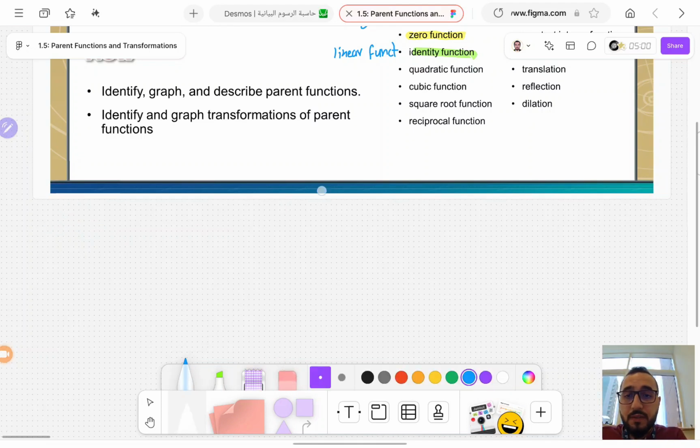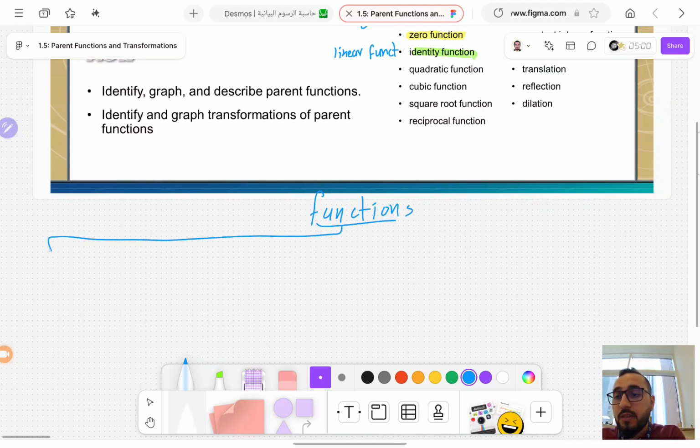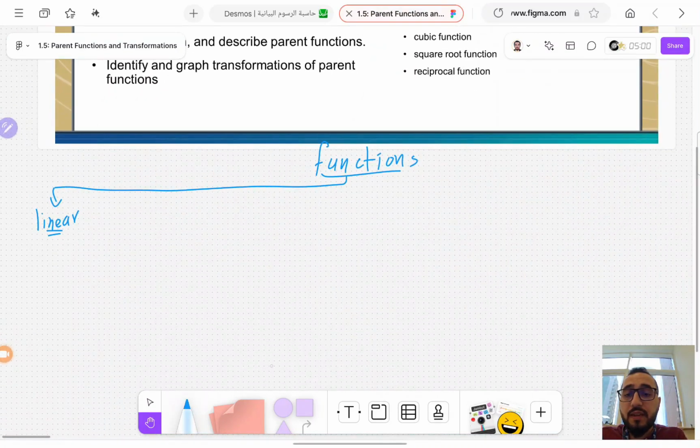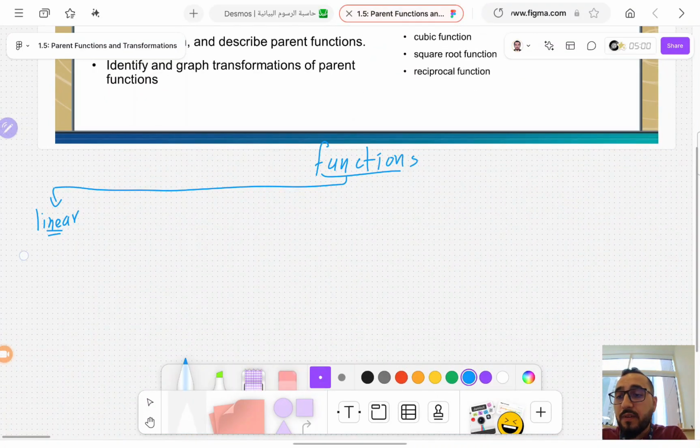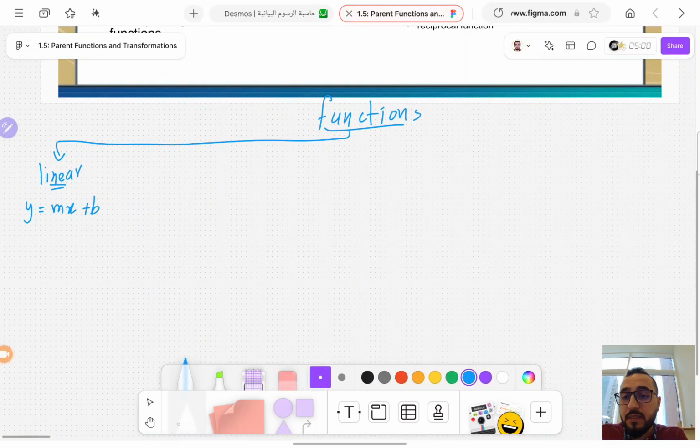The first thing, all of those that we are going to explain are functions. The first function here is the linear function. What is the formula for the linear function? The formula is y equals mx plus b. The linear function, or identity function, is just a straight line.